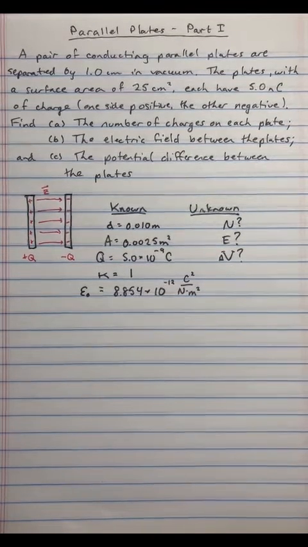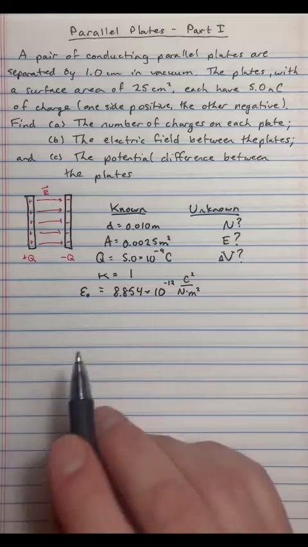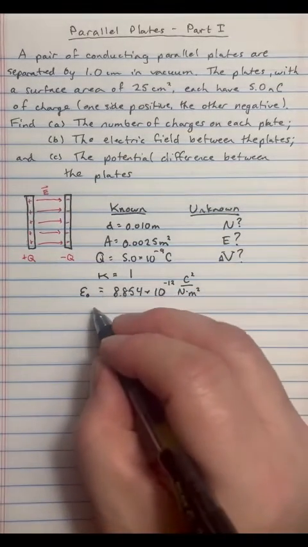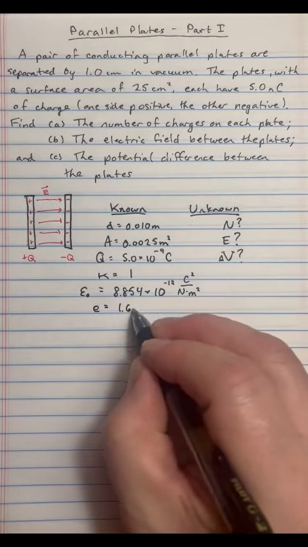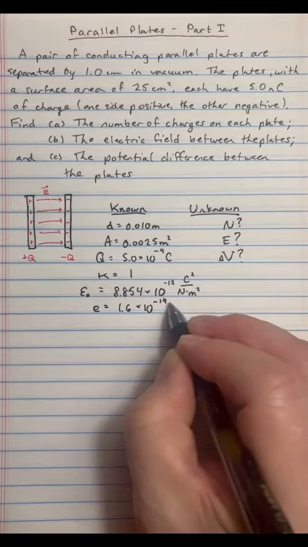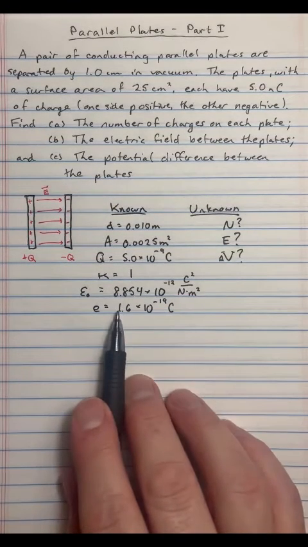How many charges are involved in 5 nanocoulombs of charge? That's kind of an interesting question. So there's one more number that's unknown that we can look up, and that's the charge of an individual electron or proton. And that is 1.6 times 10 to the minus 19th coulombs. Now, if it's an actual electron, of course, that's a negative number.